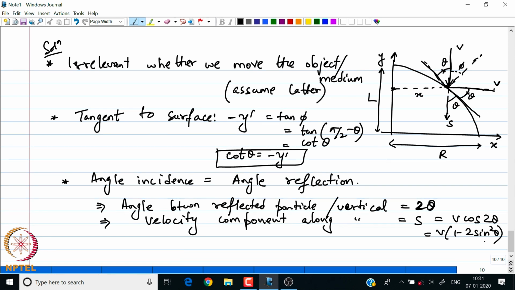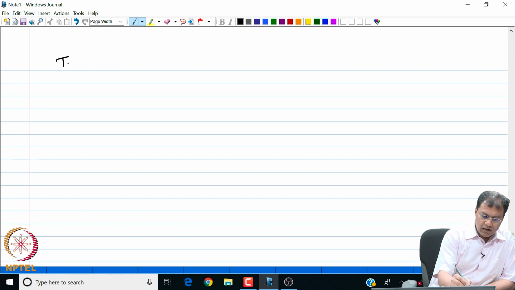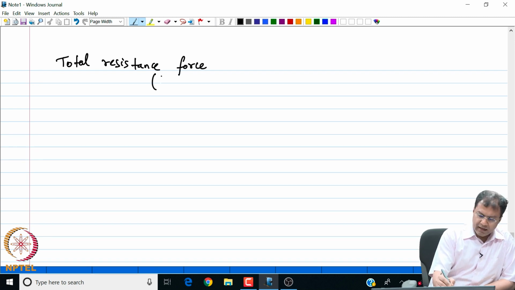So, the change in the velocity is the initial velocity minus the final velocity, and I get that this is equal to 2 V sin square theta. Okay. So, we can write down the total resistance force, or the frictional drag, which is acting on the surface, per particle per unit area.